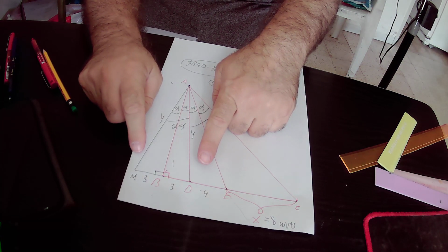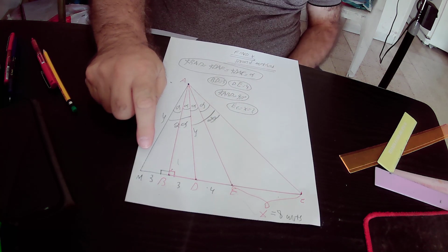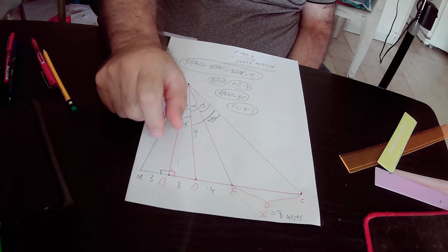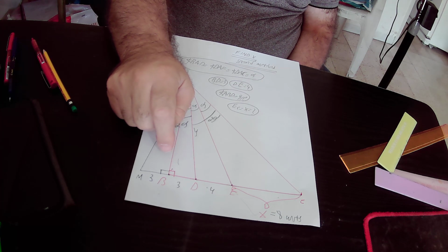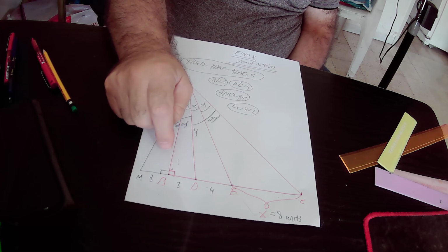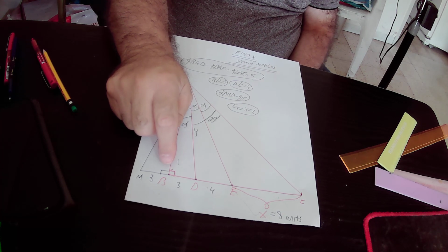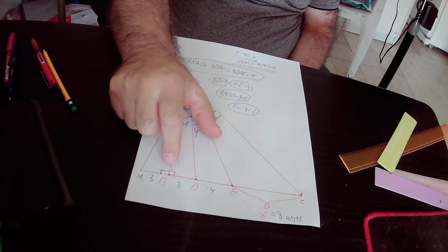So MD is a straight line, and we have a rule that the sum of the angles on a straight line equals 180 degrees. Therefore, at any point on the straight line MD, the sum of the angles on that straight line equals 180 degrees. If we focus on point B, the sum of the angles at point B must be equal to 180 degrees.